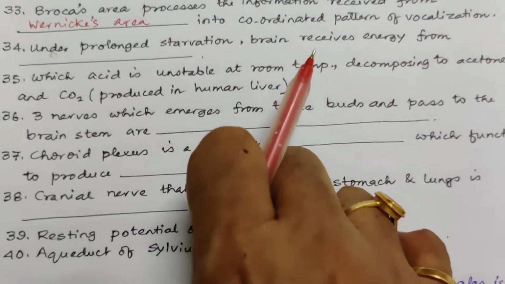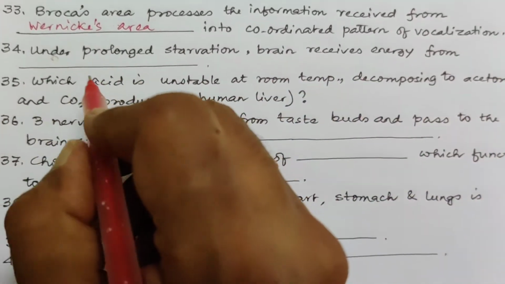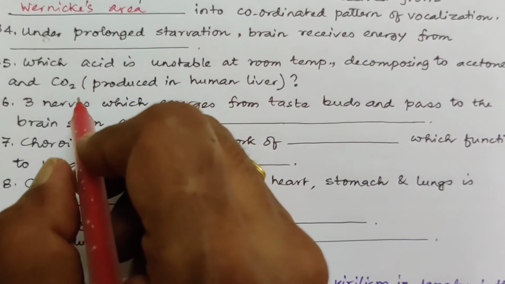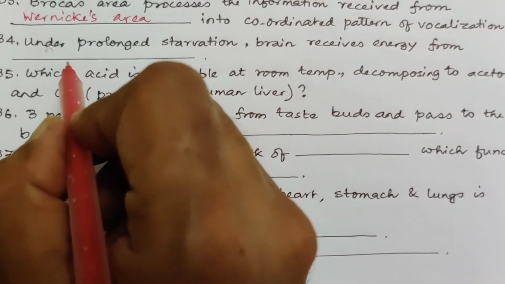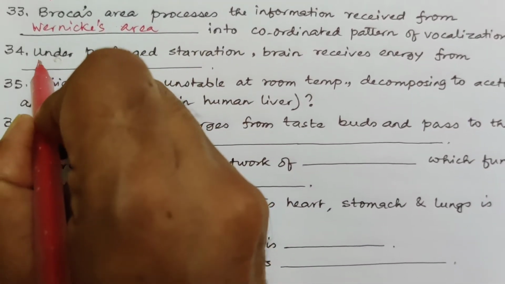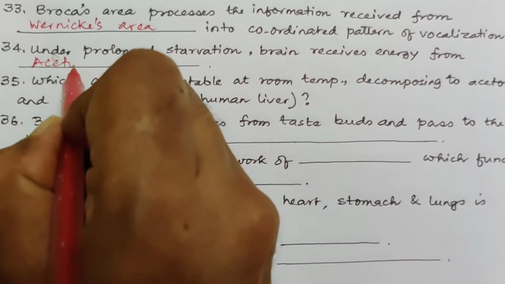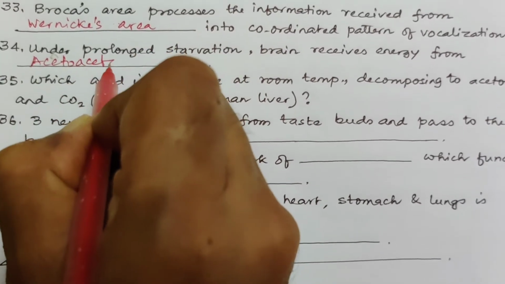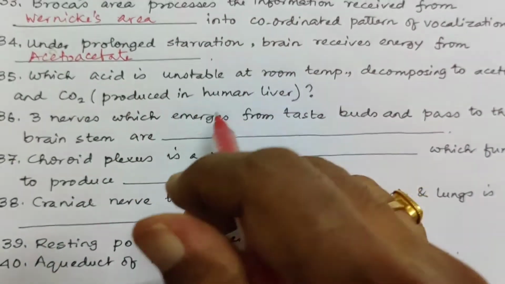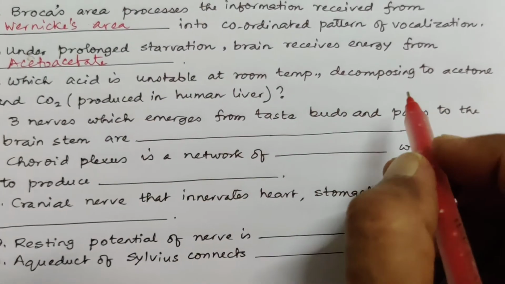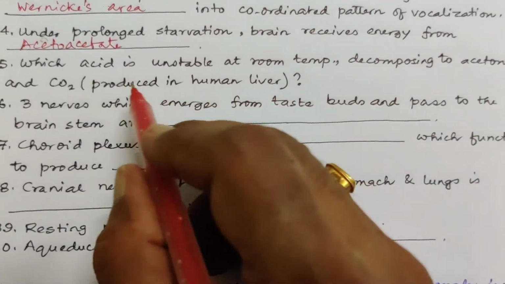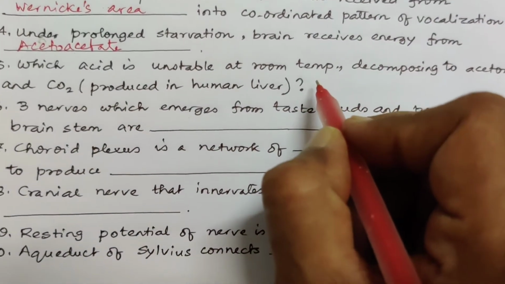Under prolonged starvation, brain receives energy from acetoacetic acid. Which acid is unstable at room temperature, decomposing to acetone and carbon dioxide?